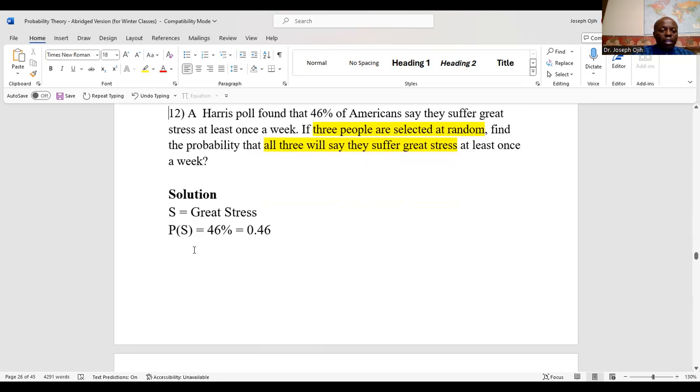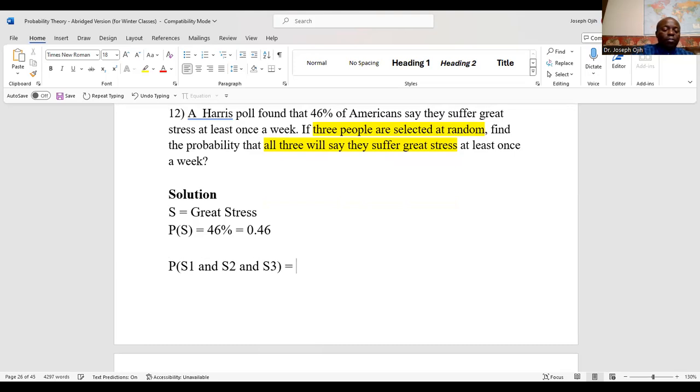We're looking for the probability that the first person, S1, says that they suffer great stress, and the second person, S2, says that they suffer great stress, and the third person, S3, says that they suffer great stress.